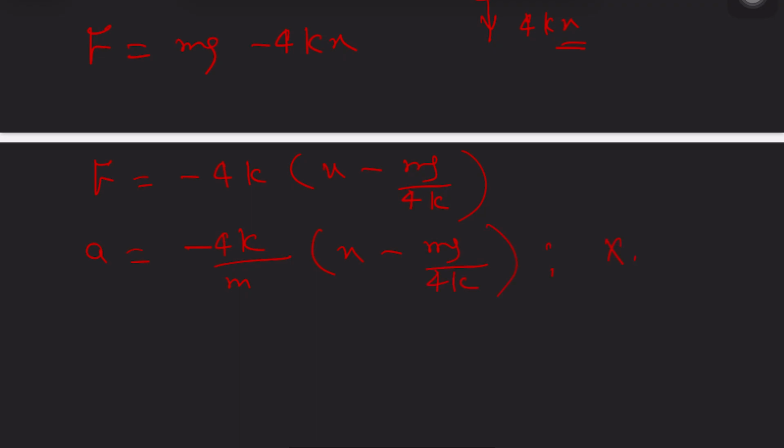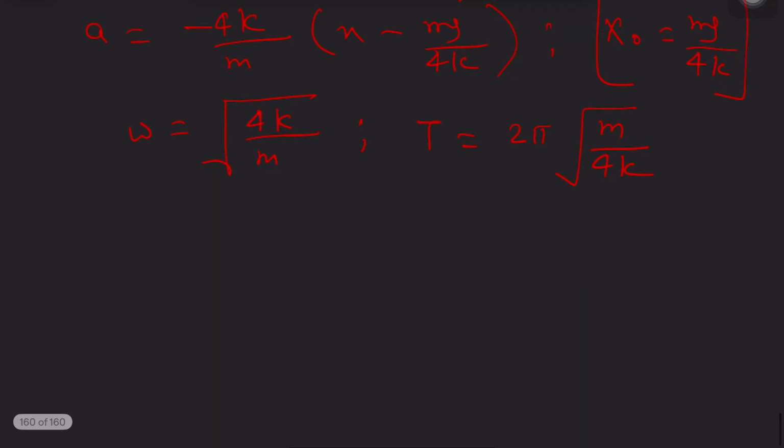So x naught is mg by 4k, which is the mean position of the body, and omega is equal to the square root of 4k by m, so the time period is 2 pi square root of m by 4k.